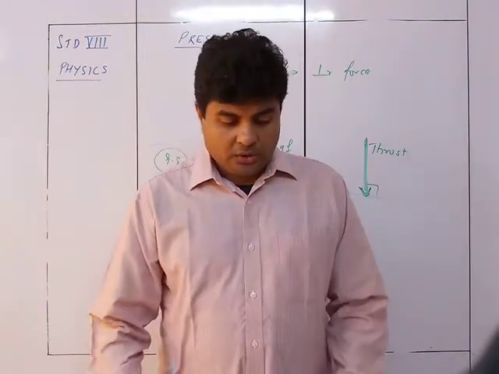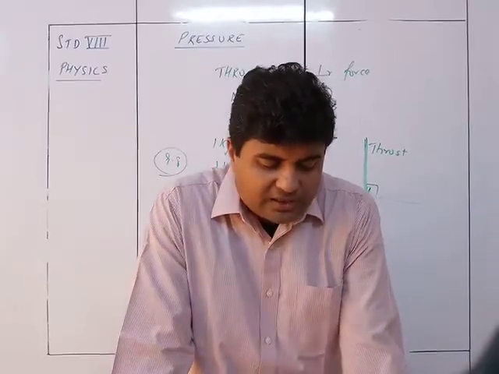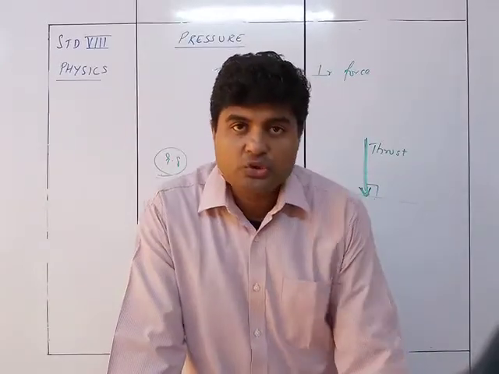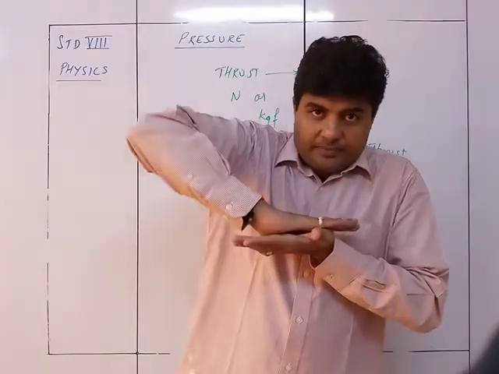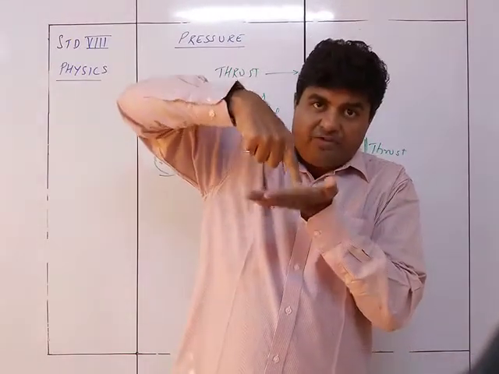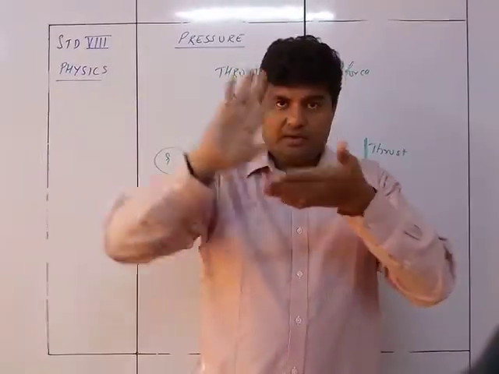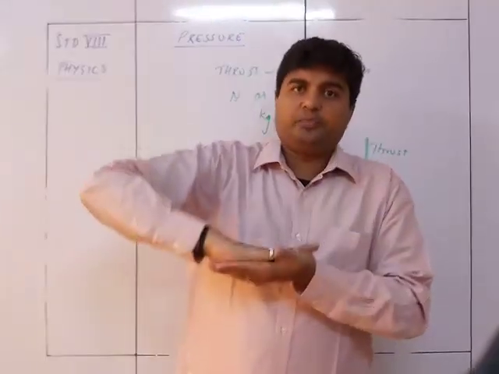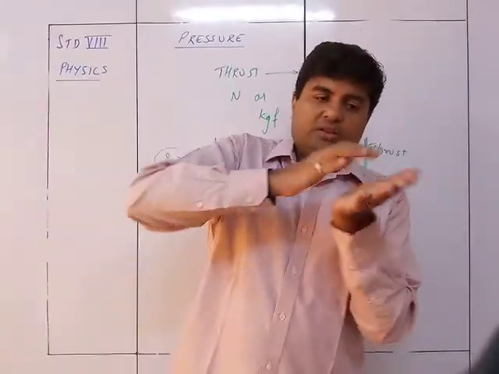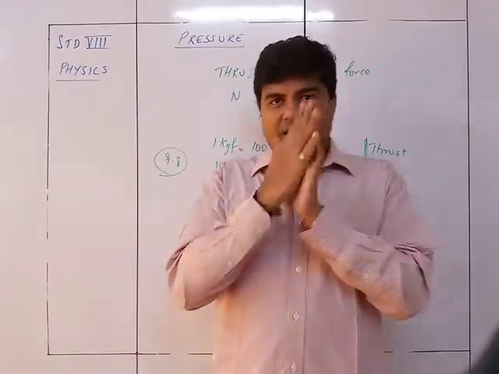The effect of thrust depends upon the area of the surface on which it acts. I showed you the example, pressing this way and pressing this way with the finger. Here the thrust acting on this body is distributed over a bigger area.